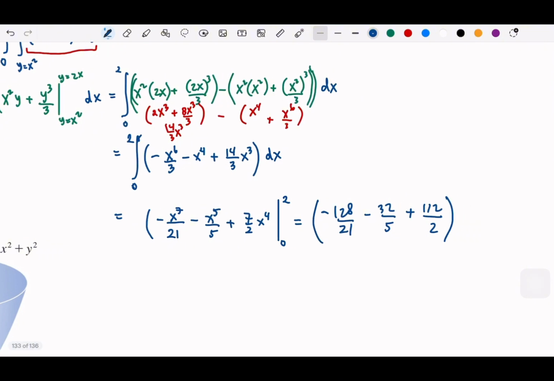This should be equal to 216 over 335. Oh wait, this is not 2, this is 6, sorry.